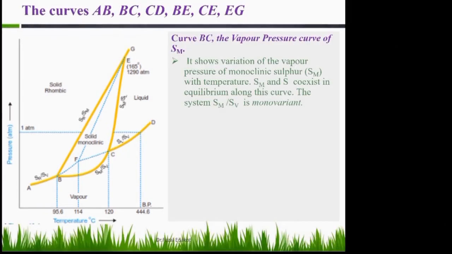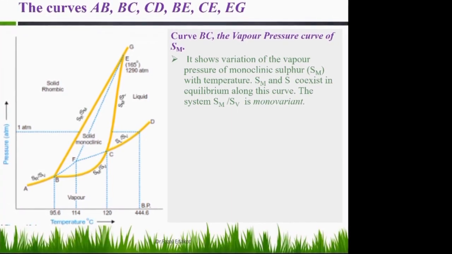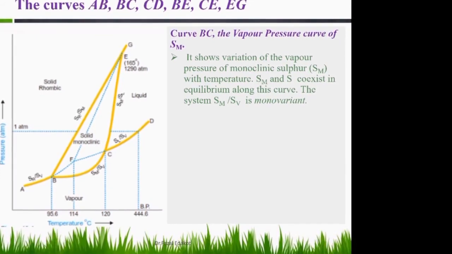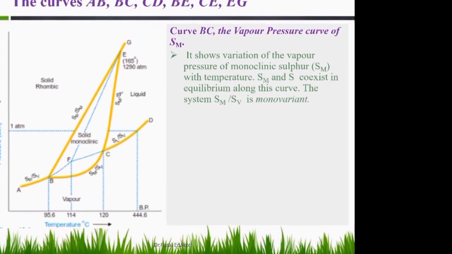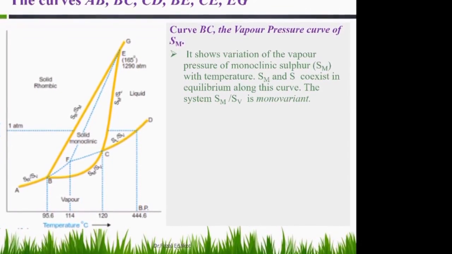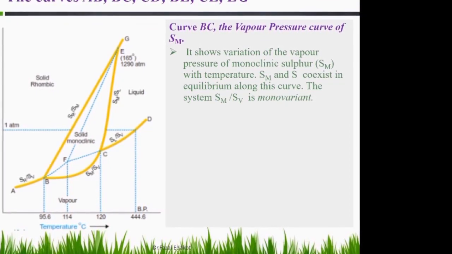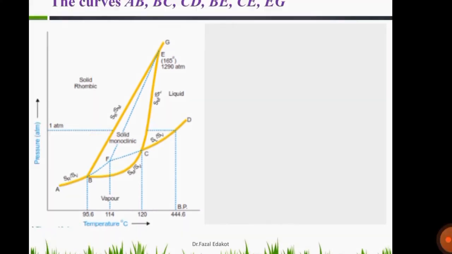Then the curve BC, the vapor pressure curve of SM, monoclinic sulfur, shows the variation of the vapor pressure of monoclinic sulfur SM with temperature, which is the curve BC. BC means the curve is this bottom line. Bottom side vapor is there, upper side solid is there. So solid monoclinic and vapor is monovariant.